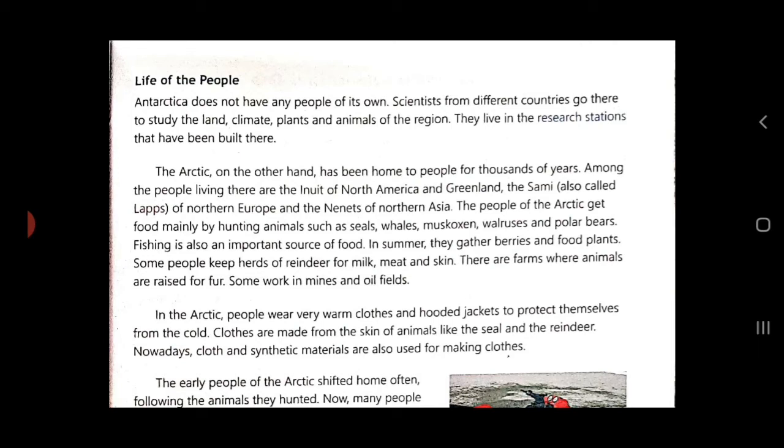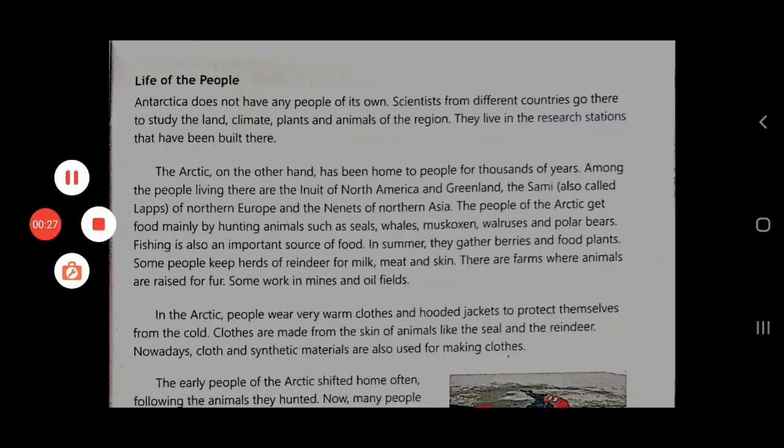Now, where do the people get their food from? यहाँ के जो लोग हैं उनको खाना कहाँ से मिलता है? They get their food by hunting animals. Which animals do they hunt? Seals, then whales, musk oxen, walruses, polar bears.